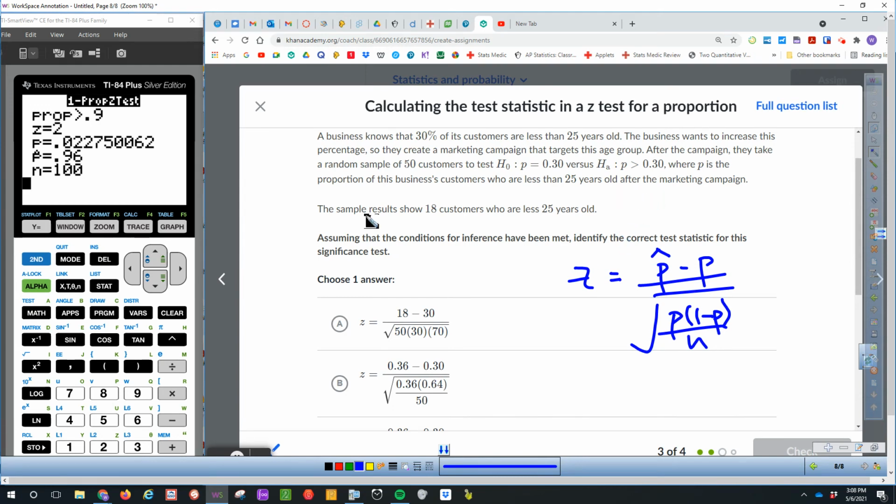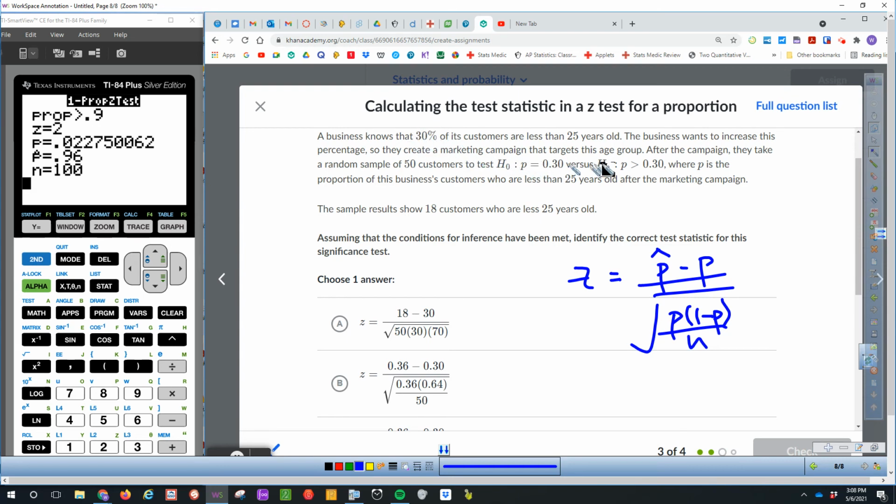So a business knows that 30% of its customers are less than 25 years old. The business wants to increase this percentage, so they create a marketing campaign that targets this age group. After the campaign, they take a random sample of 50 customers, so the N is 50, to test the null hypothesis: population proportion equals 0.3, right?